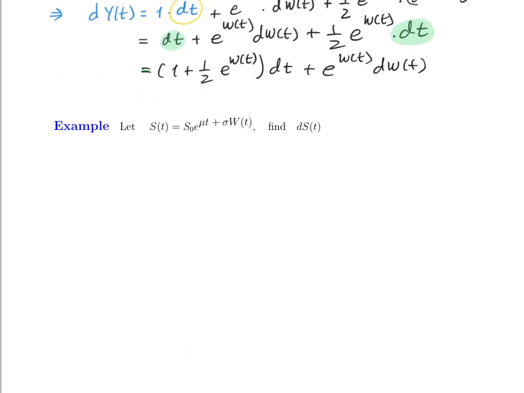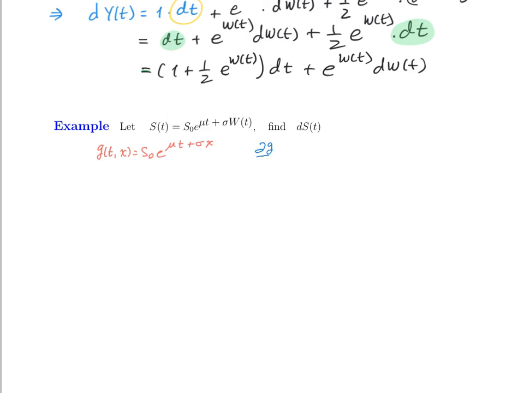So this is the formula for the geometric Brownian motion. Here, the function g is equal to S0 e to the (mu t plus sigma x). All right, so we need to find the partial derivatives.